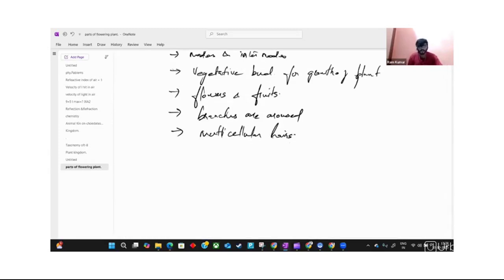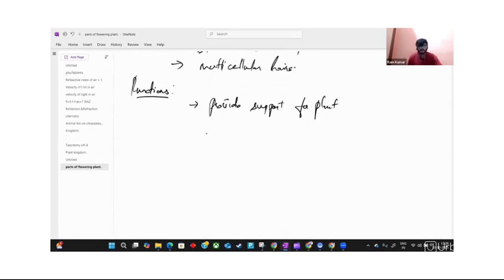Functions of the stem: it provides support for the plant. The stem acts as a medium which passes water and minerals from root to leaves.